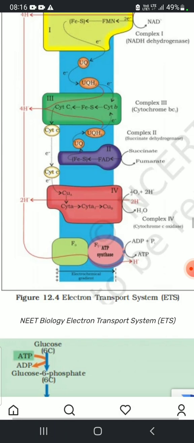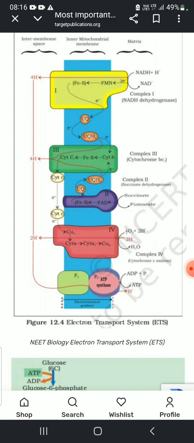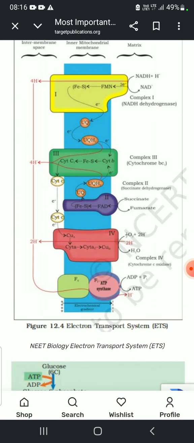And next we have the last, which is ATP synthase, in which F1 and F0 particles are there. CF1 is the head piece, and it is the peripheral membrane protein complex, and it is the site for ATP synthesis from ADP and inorganic phosphate.